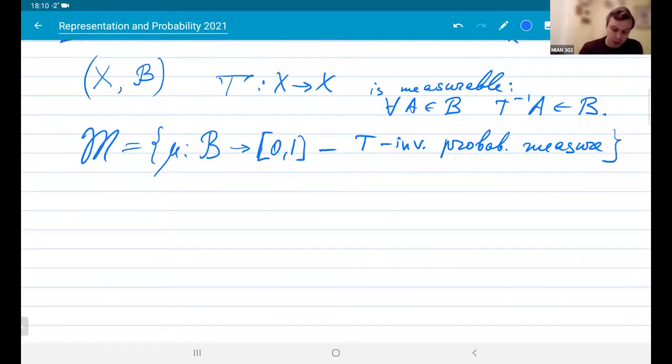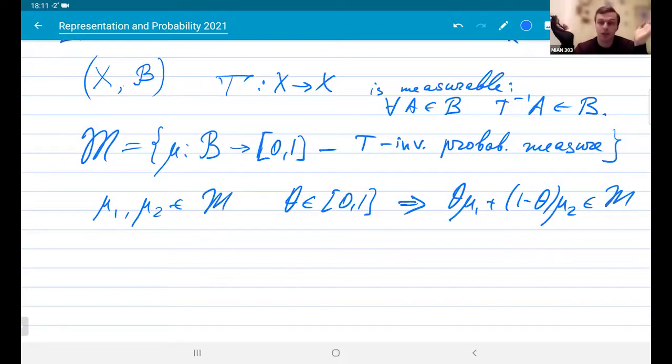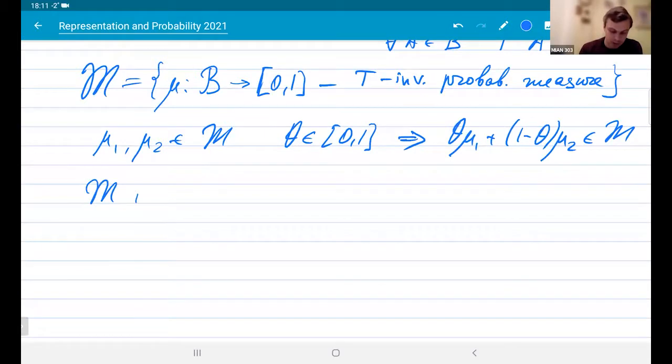For example, if mu1, mu2 belong to M, and theta is some point in the unit interval, then theta mu1 plus 1 minus theta mu2 also belongs to M. So if you take a convex combination of two measures, or n measures, it doesn't matter, you are still in M. So M is a convex set, and for a convex set it is natural to consider so-called extreme points.